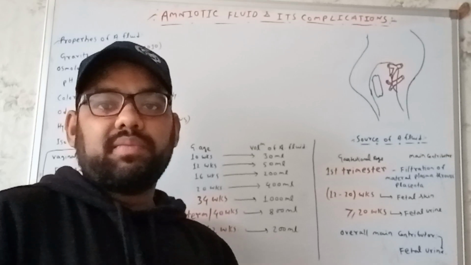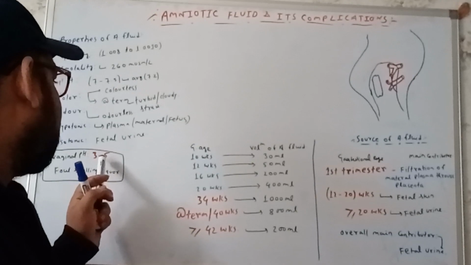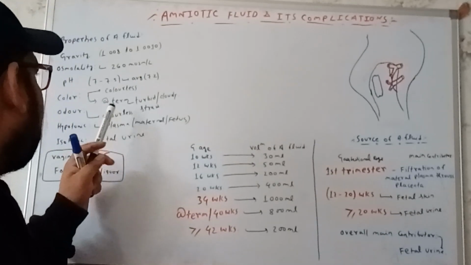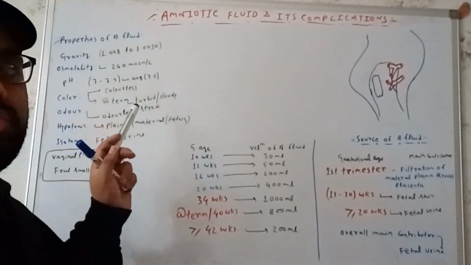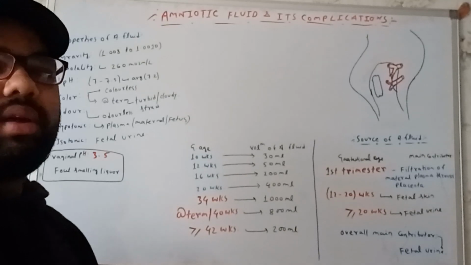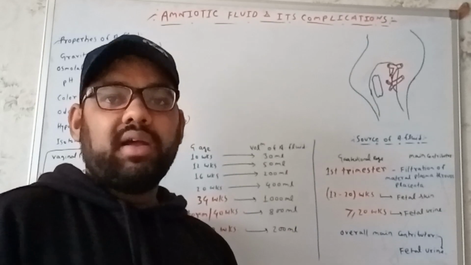The vaginal pH is 3.5, acidic in nature, and the pH of the amniotic fluid is around 7.2, so it is towards the basic side. So by using the litmus paper, you can get confirmation whether it is vaginal discharge or amniotic fluid.